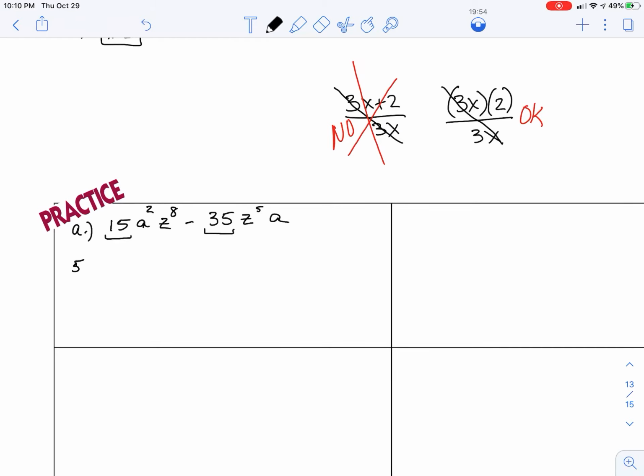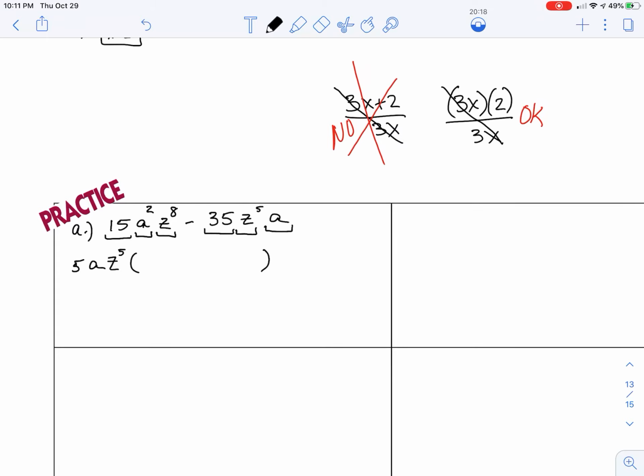Okay, so they both share a 5. What else do they share? It looks like they both have at least one a. So we're going to pull out one a. And it looks like they both have at least 5 z's. So we're going to pull out those 5 z's. That's what they share in common. There's our greatest common factor.